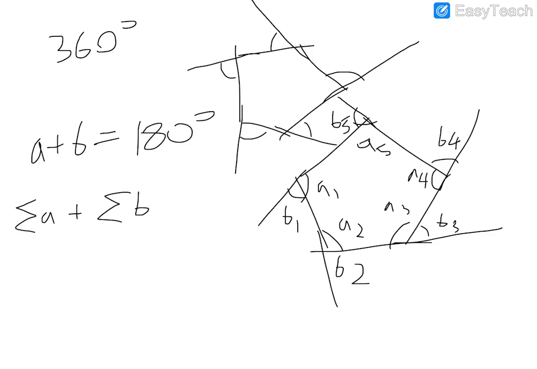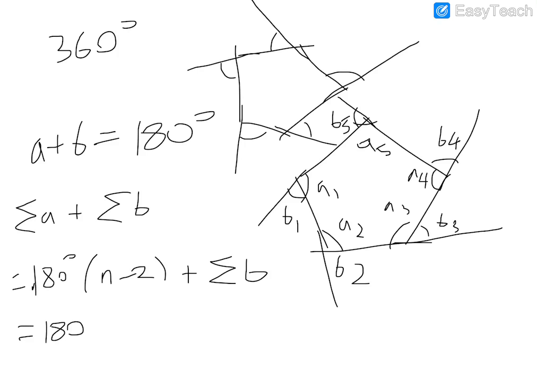Now we know that the sum of the interior angles A is equal to 180 degrees times n minus 2. And then we have the sum of B. And then altogether, since there's n of these, that's equal to 180 degrees times n.